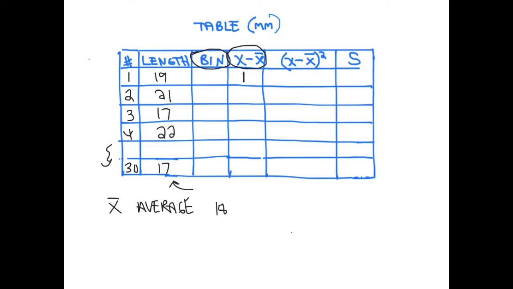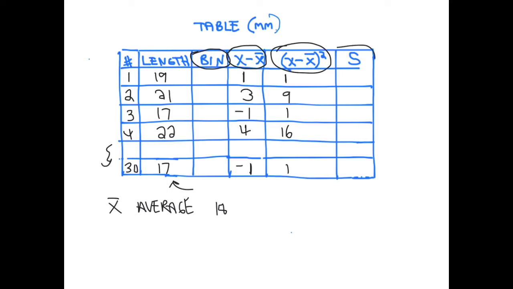Then 21 minus 18 is plus 3. 17 minus 18 is negative 1. 22 minus 18 is 4. So I'm just doing this for all these values. This one's negative 1 again. The next column, I'm simply going to square that value, which does make them all positive. So this would be a 1, this would be 9, this would be 1. You'll probably just do this on your calculator.